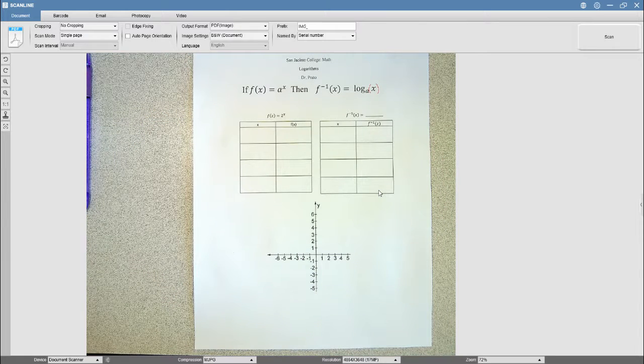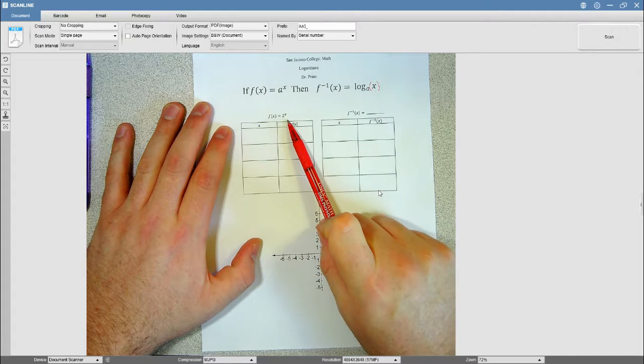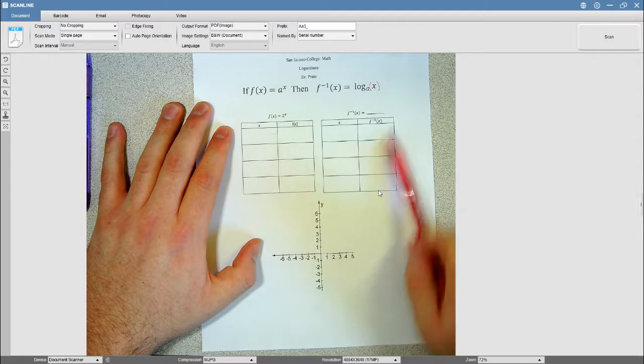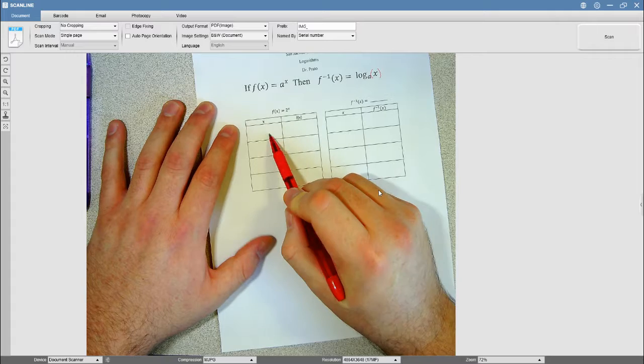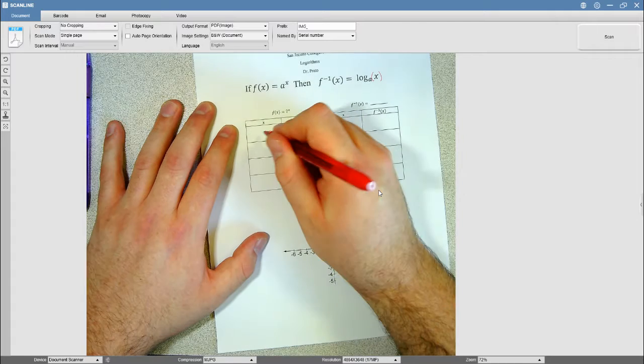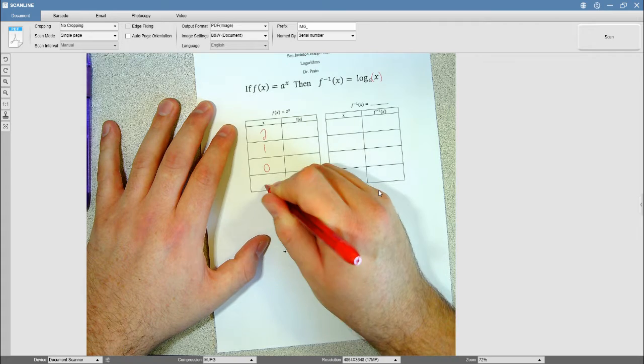Let's go ahead and graph a simple exponential function, and then from there we'll work out what the inverse function would look like. So we need to pick some points for x. Let's pick 2, 1, 0, and -1.